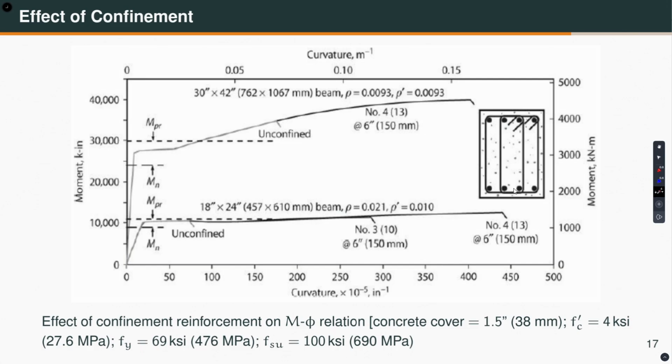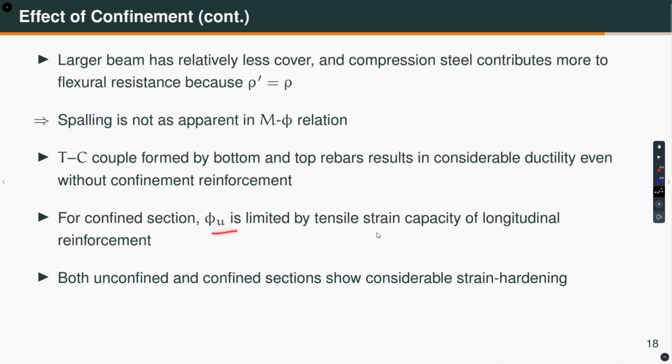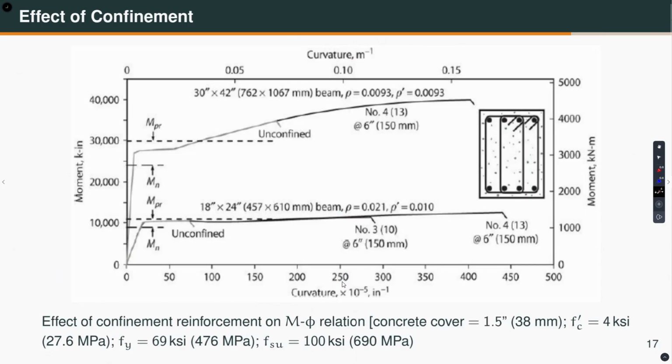So, in that case, phi u is limited by the tensile strain capacity of the longitudinal reinforcement for this particular example. So, it depends. Both unconfined and confined sections show considerable strain hardening. As you can see, there is strain hardening here, right, because of the strain hardening in the reinforcement.